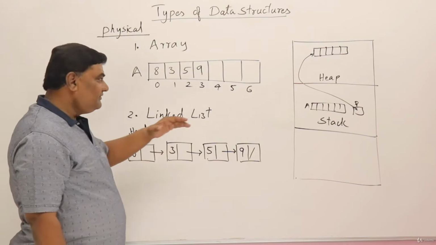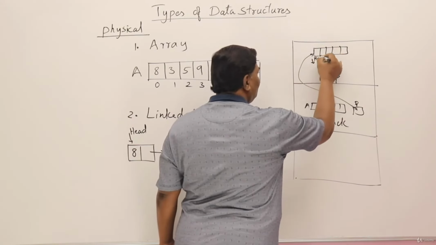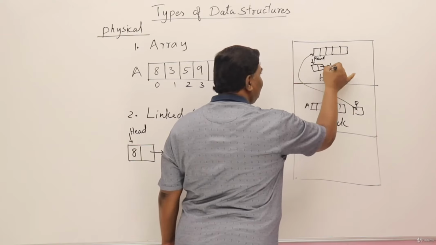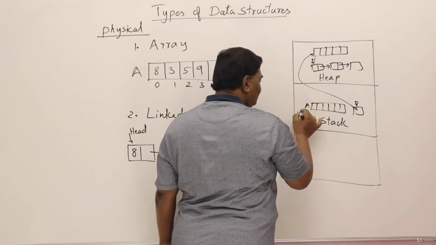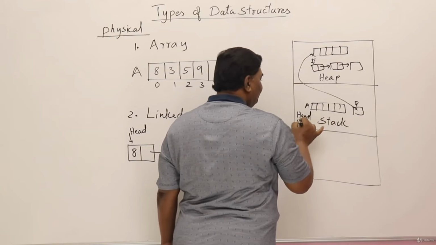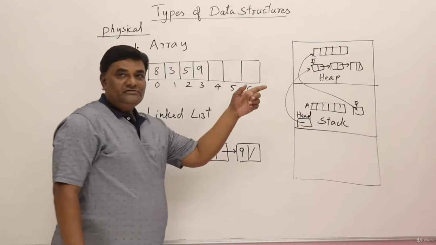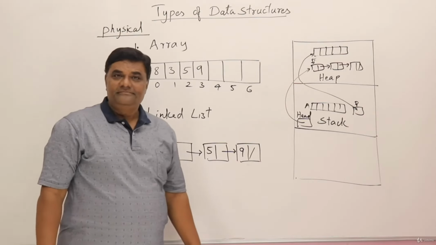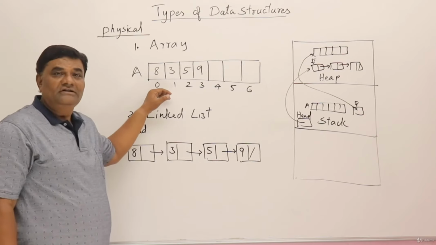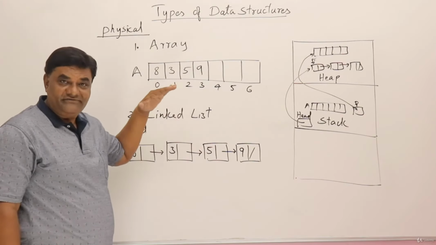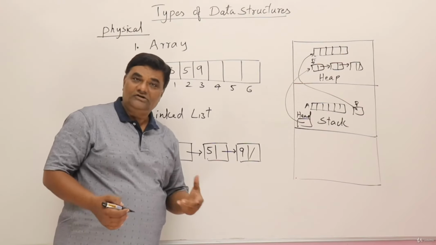This linked list is always created in a heap. A collection of nodes is always created in a heap. Like head may be a pointer that is pointing there, so the head pointer may be inside the stack. So a linked list is always created in heap. We go with an array if you know the limit of the list, if the size of the list is fixed. And we go with a linked list if the size of the list is not known.